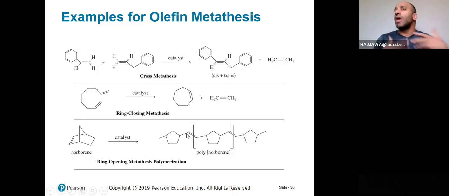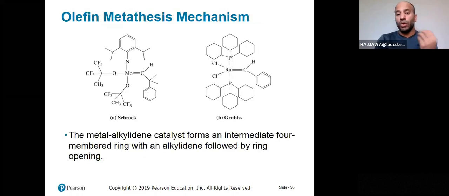So there is a lot of chemistry taking place just under the topic of metathesis, whether it's reacting two alkenes together to switch partners, putting two alkenes together to make a ring, or breaking up a double bond to polymerize that unit. Those are all aspects of the same chemistry taking place through the catalyst.